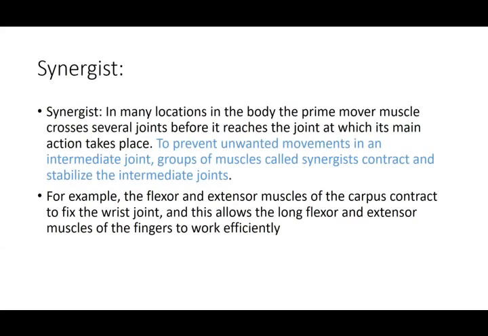Those are called synergists. Supposing you want just flexion and the muscle passes over two joints, certain muscles are going to nullify the movement at one joint, so that your pure movement occurs at one joint.